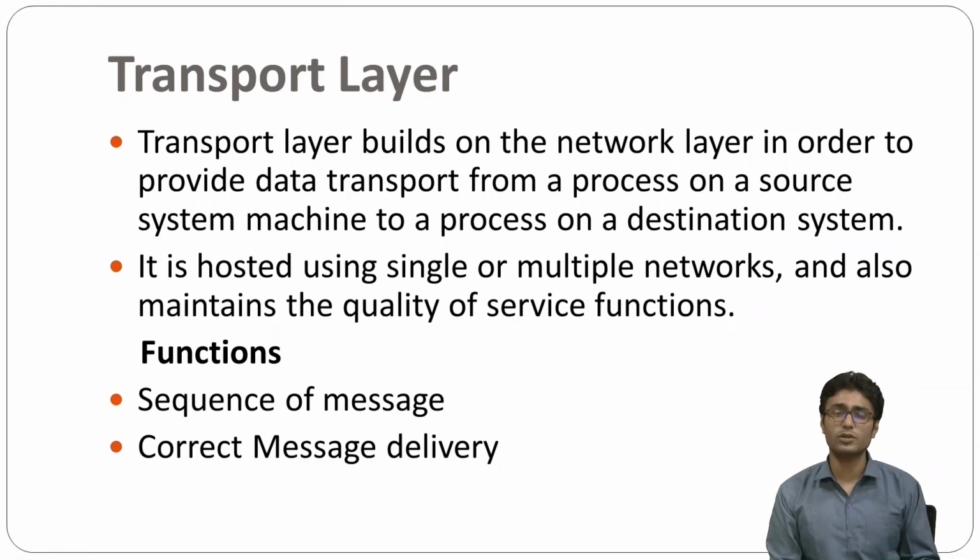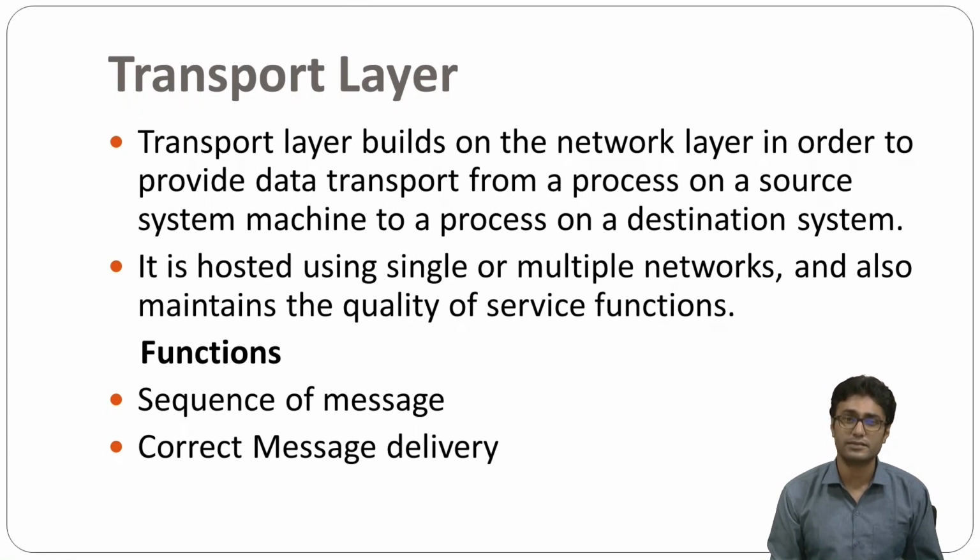Then transport layer helps you to control the reliability of a link through flow control, error control and segmentation, or we can say desegmentation also. Now the transport layer also offers an acknowledgement of the successful data transmission and sends the next data in case no error occurs. Now TCP is the best known example of the transport layer.